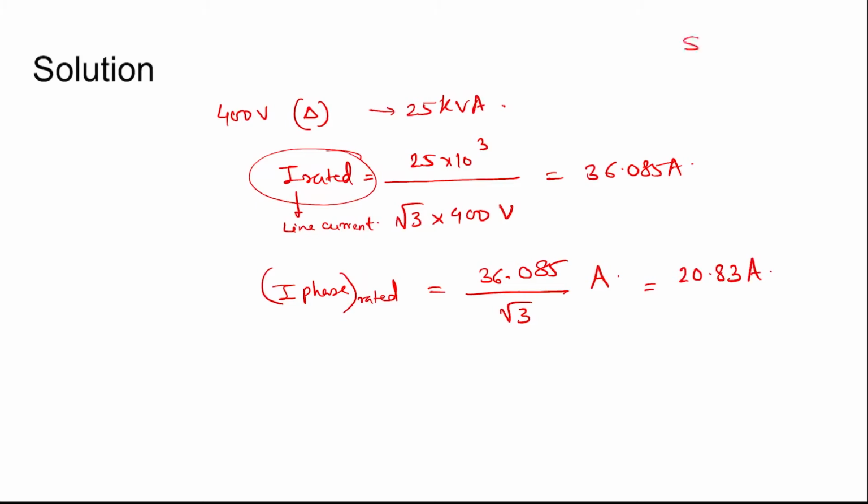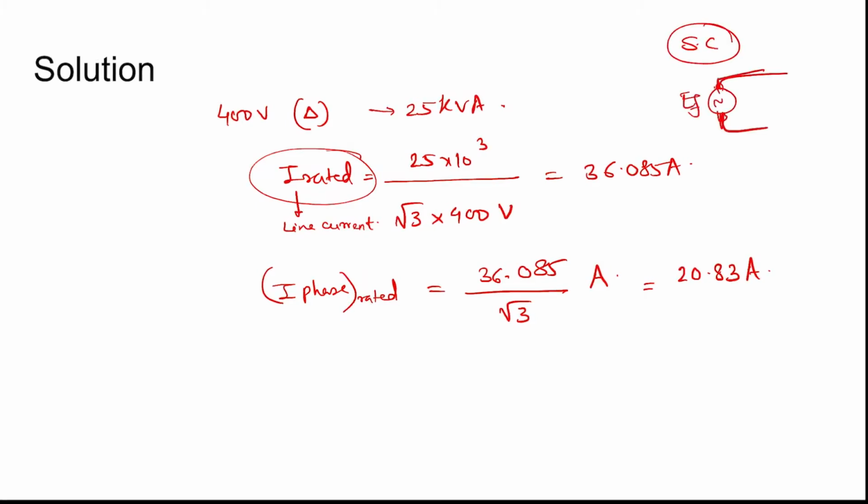When you perform short circuit test, this is EF, this is Xs, and this is Ia in short circuit condition. So you take the single phase equivalent circuit where all parameters are per phase parameters. So you take the per phase quantities and do the analysis.